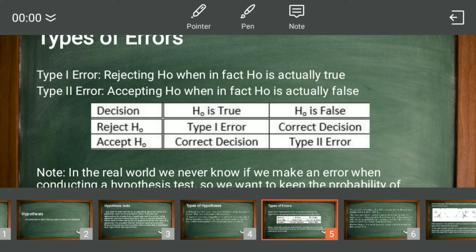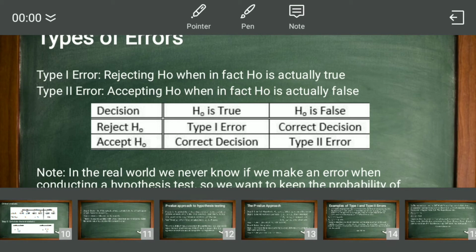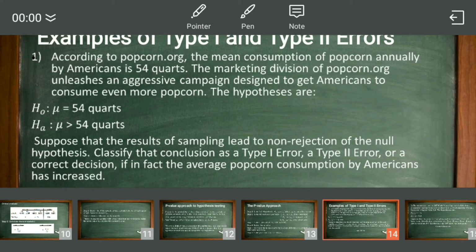So ayan po, kung makikita nyo po, ang ating type 2 error is accepting the null hypothesis when in fact, the null hypothesis is actually false. So ayan po, kaya meron tayo dyan type 2 error. So, yan po yung ating example number 1.